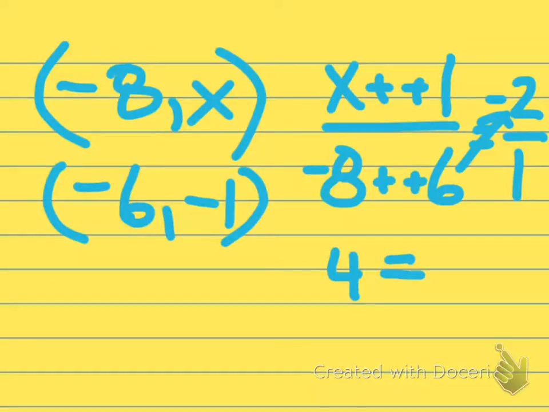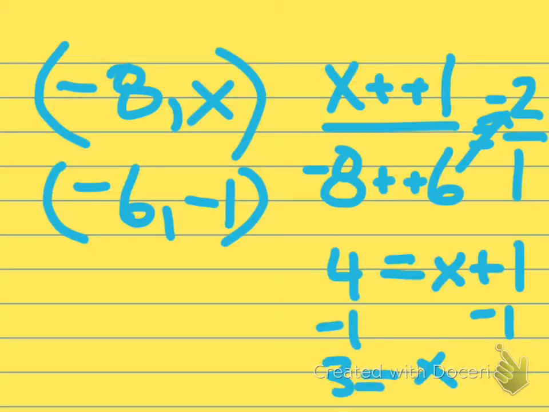And then I'm going to do 1 times x plus 1, which is just going to be x plus 1. If it was other than 1, I would have to distribute that number when I'm multiplying by a group. And then I would subtract 1, so x would be 3. And that concludes our quiz review.